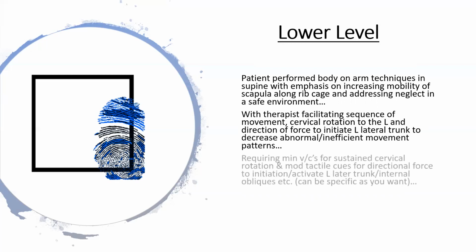So how did they do? They required minimal verbal cues to sustain that head rotation and moderate tactile cues for directional force to initiate or activate left lateral trunk, internal obliques. You can really be as specific or as general as you want.